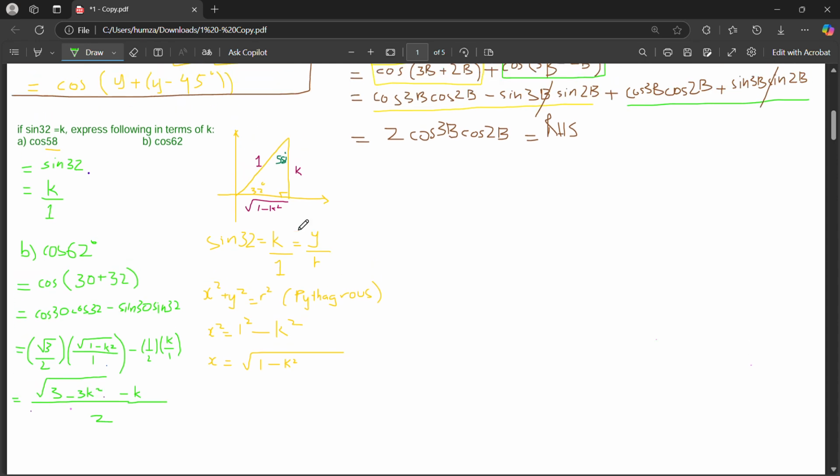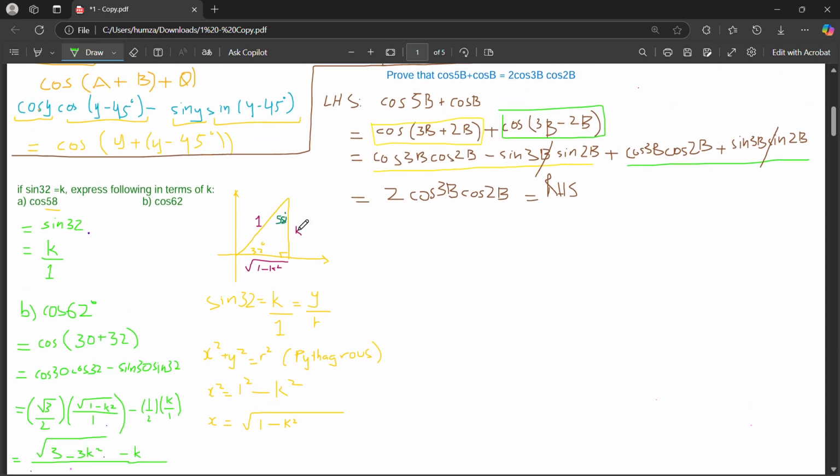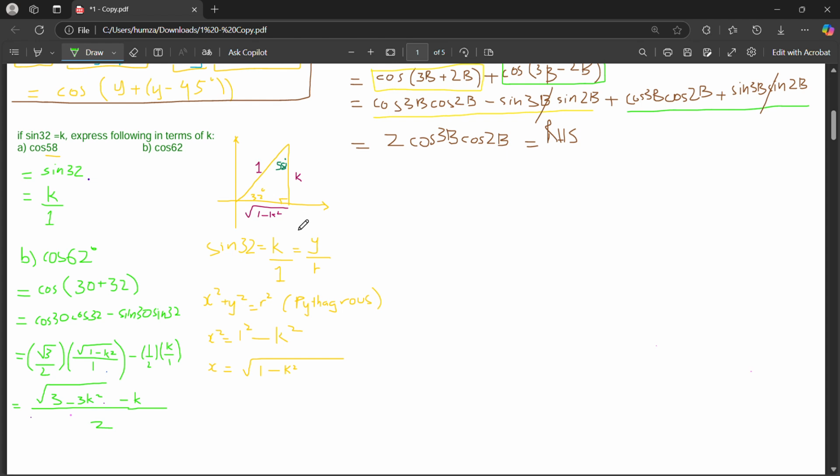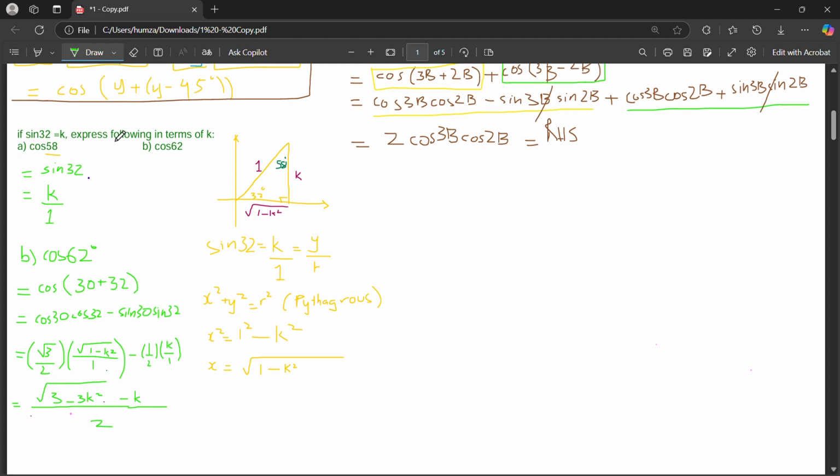So this is all for proving the compound angles and looking for the sum. So please remember, for questions like this where they ask you that some angle is equal to k and we have to express those in terms of k or x or y or z, any letter they can give, and then they can ask you that if a is equal to cos 58, then in terms of k explain what will be the value of sin 32.